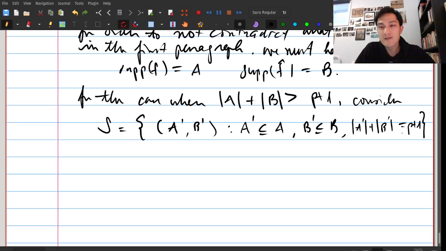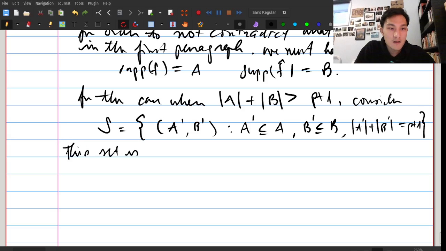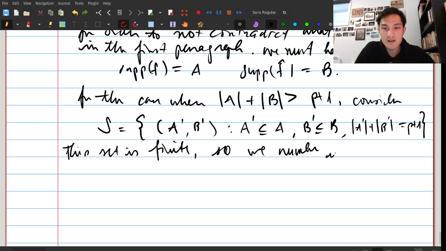Okay, so we're going to find sort of an instance of the last paragraph inside this. This set is finite, obviously. So we'll number its elements.